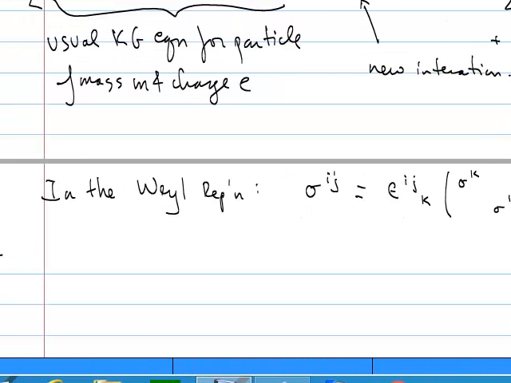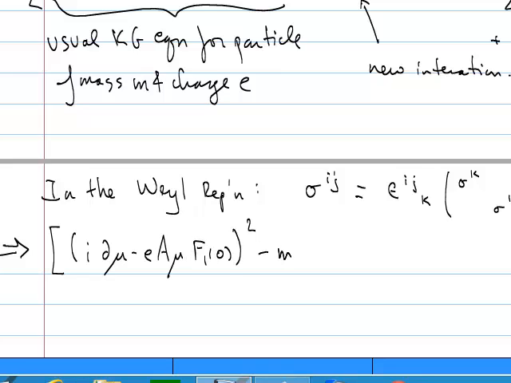And so you can rewrite this equation. So what do you get? You get (i d_mu minus e A_mu) f1(0) squared minus m squared. That's the usual Klein-Gordon equation.